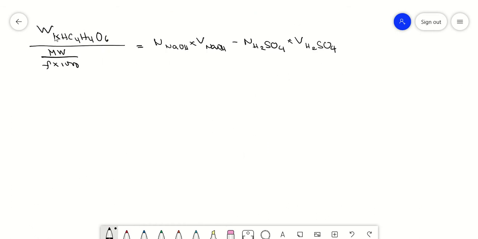Okay, so we make use of this formula, or you can again make use of the first formula. You place the milliequivalents of sulfuric acid here. The weight is equal to our unknown times the factor. So simplifying, what is the factor of potassium bitartrate?